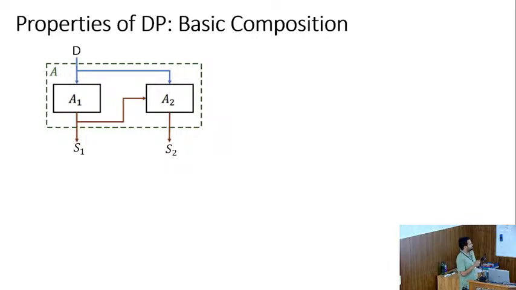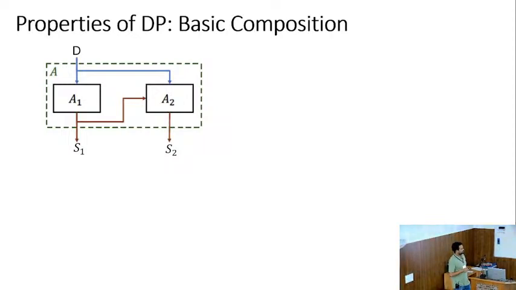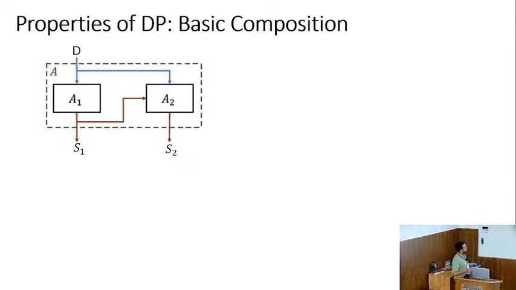Consider this picture. There are two algorithms, A1 and A2. Both are taking the same data set D as input, and the output set of algorithm A1 is S1, and the output set of algorithm A2 is S2.